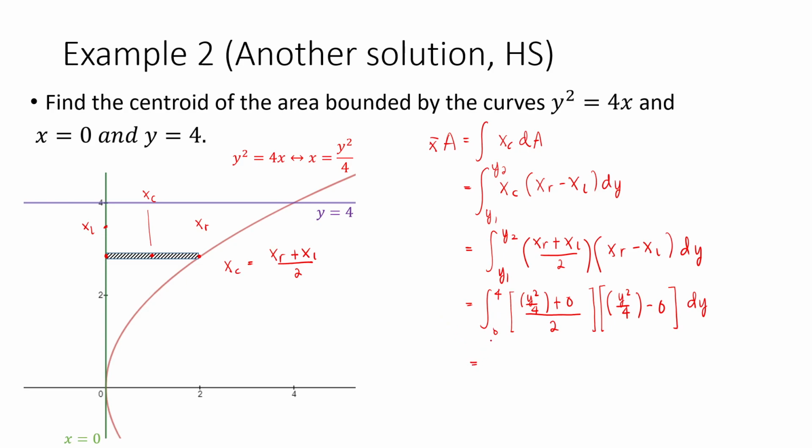So simplifying, you're going to have the integral from 0 to 4, then the first factor becomes y squared over 8, multiplied by y squared over 4 dy, and then bar x times the area, which is 5.33.